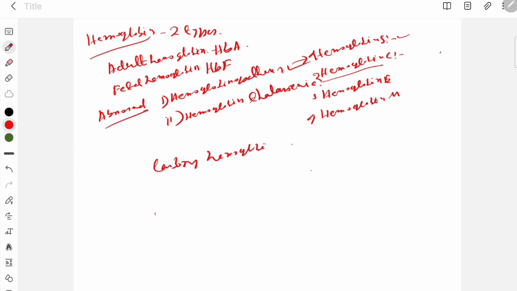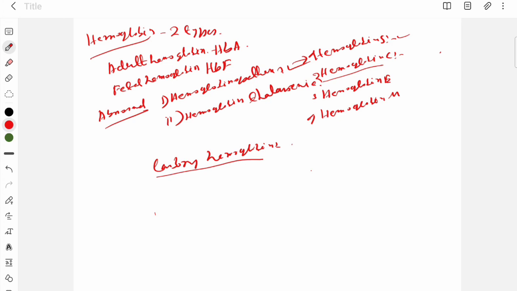Carboxyhemoglobin is the abnormal hemoglobin derivative formed by the combination of carbon monoxide with hemoglobin. It is normally 1 to 3% of hemoglobin. All of us know that carbon monoxide has much more affinity for hemoglobin than oxygen, so it easily combines with hemoglobin.